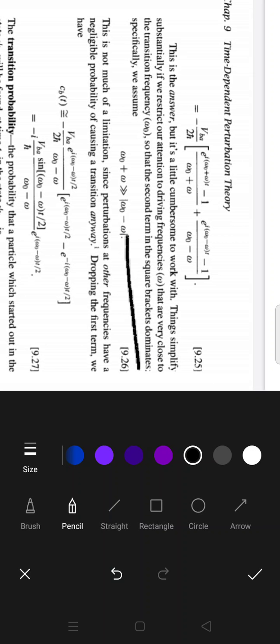The denominator goes to 0, so the second term becomes infinity, and the sum of the two frequencies is much greater than the difference of the two frequencies.